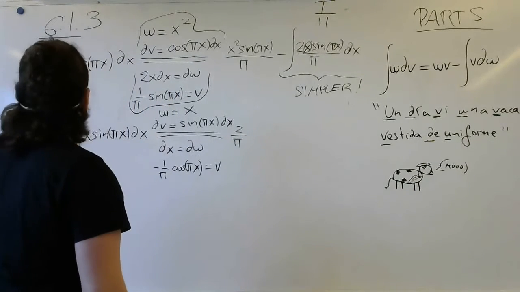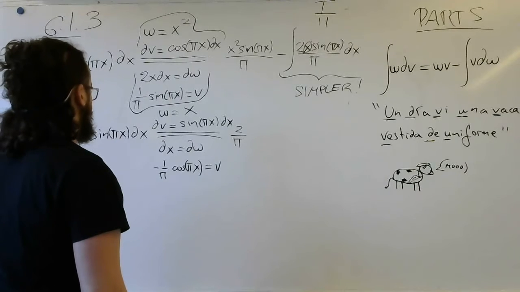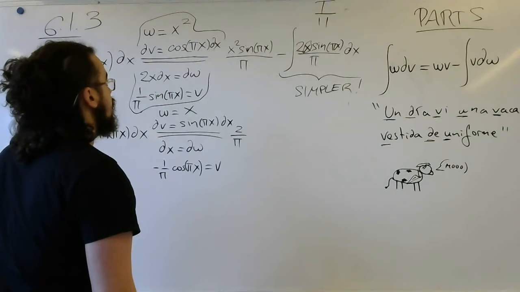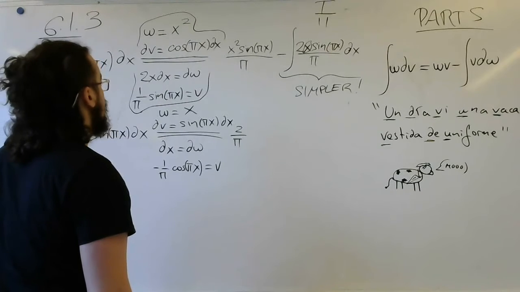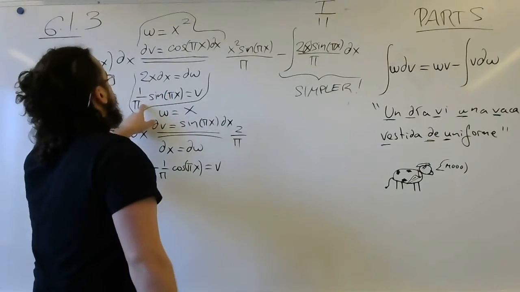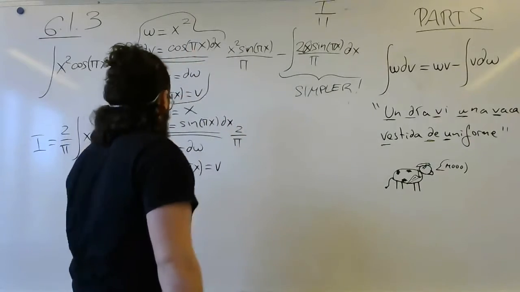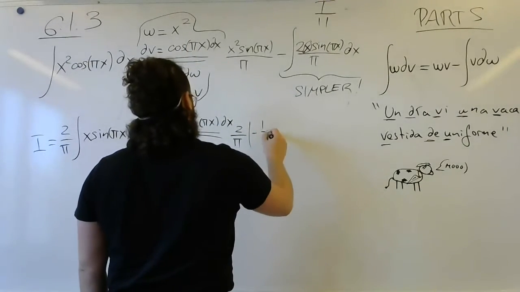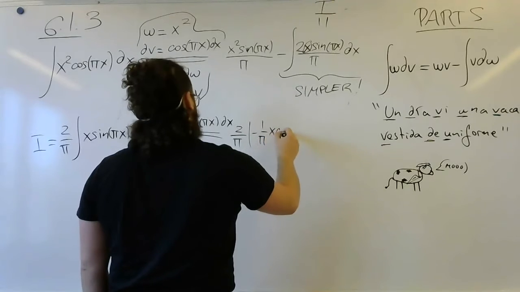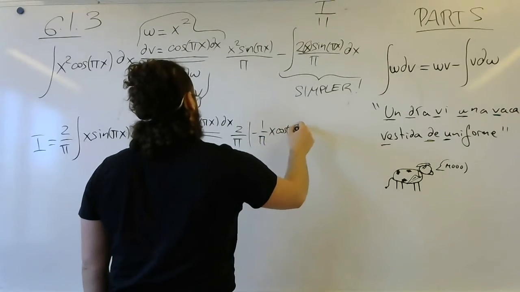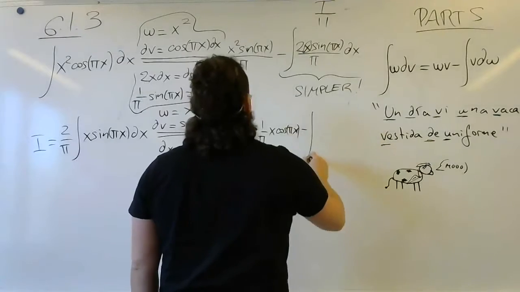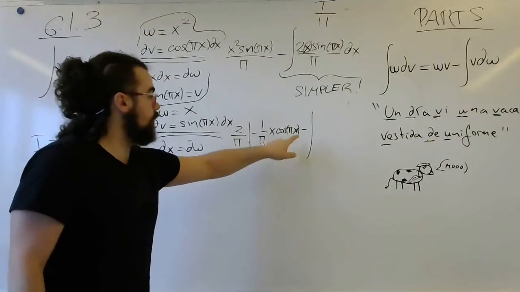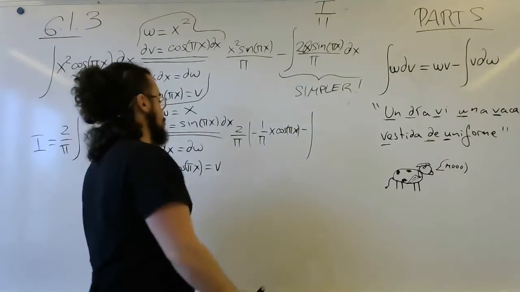Am I doing this correctly? I seem to be right. Okay, 2 over pi vw minus the integral of v differential w. Now, minus with minus plus.